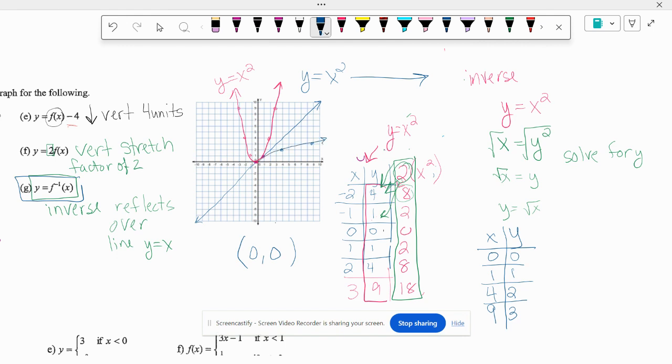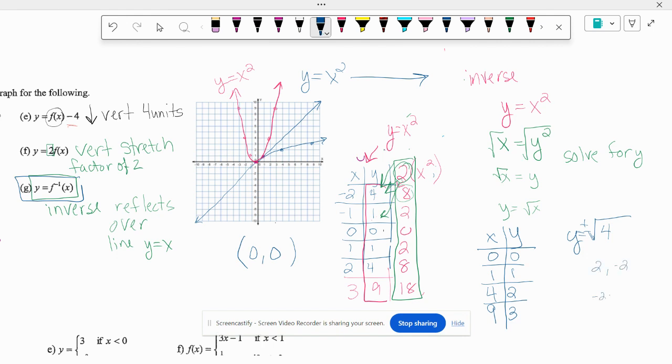Okay. Well, when you physically draw a square root function, you have to remember that it could be a positive or a negative, right? So when I say, what is the square root of 4? The square root of 4 is 2, but it also could be negative 2, right?